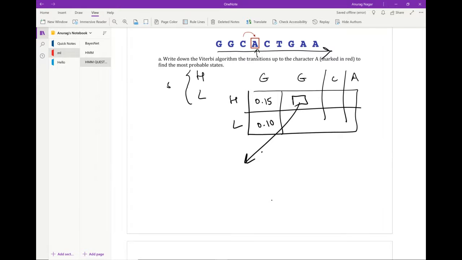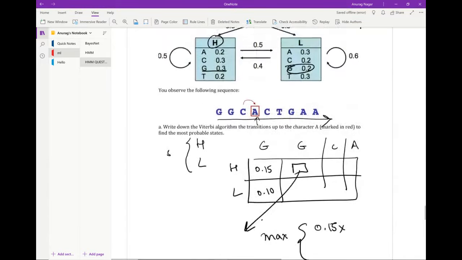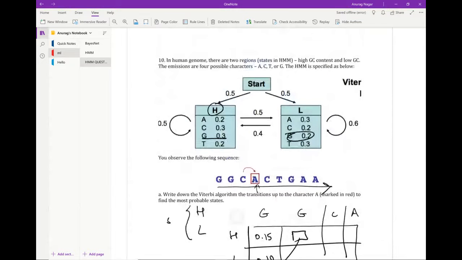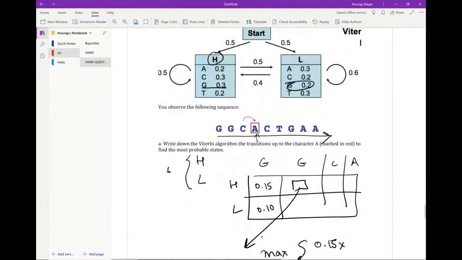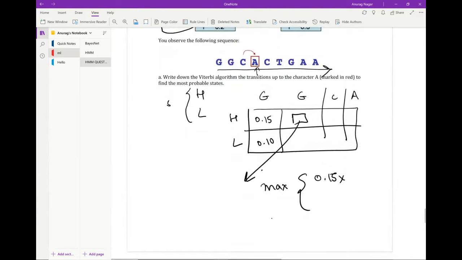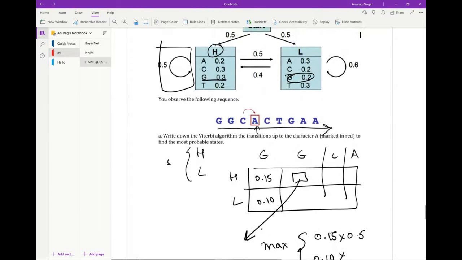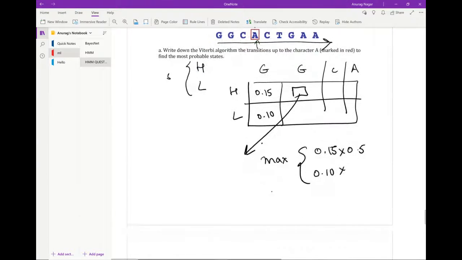So this value will be the max of 0.15 multiplied by the H to H jump, and the H to H jump, which is here, is 50%. So 0.15 multiplied by 50%. Second case is 0.10 multiplied by the L to H jump. L to H jump, which is this one, is 0.40.